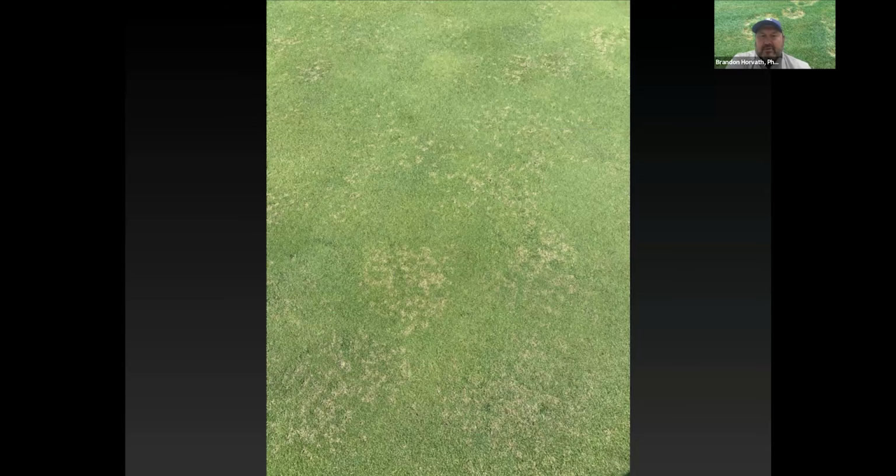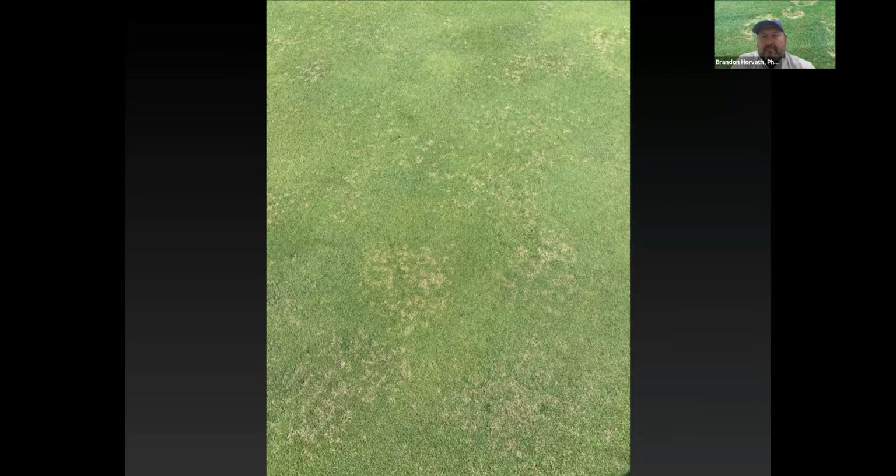And then as we go down to a putting surface, the spots become very distinct, and you generally see a large number of localized spots that can coalesce into larger areas and cause damage to larger areas. And the big issue with dollar spot, of course, is that as that disease progresses, you will get an uneven surface that can result in bumpy ball roll and things like that that are not favorable for playing golf on those surfaces.